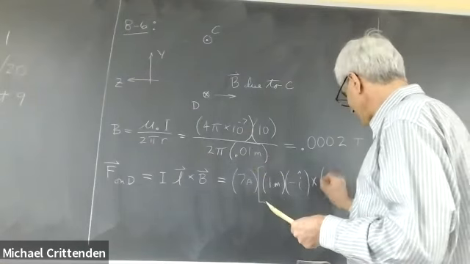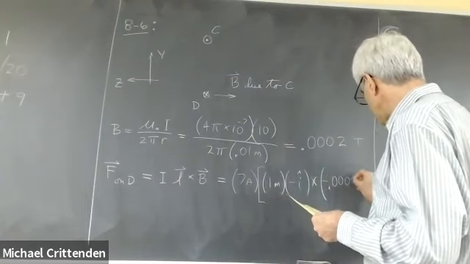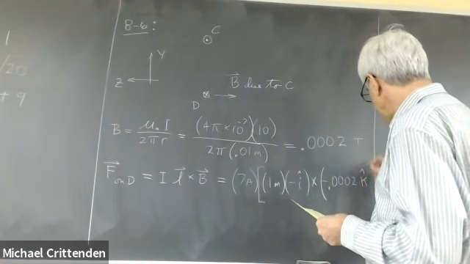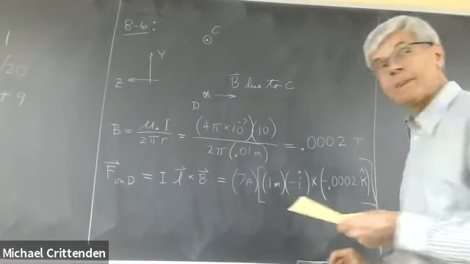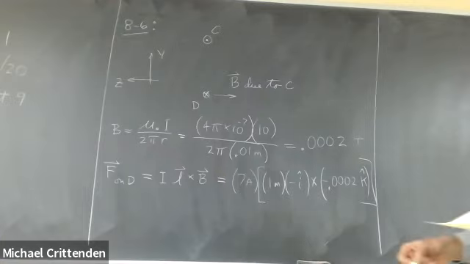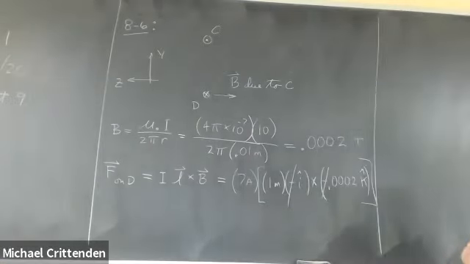That's negative 0.0002 K. And then we just have to evaluate that. Minus signs cancel. So we've seen a couple like this before.